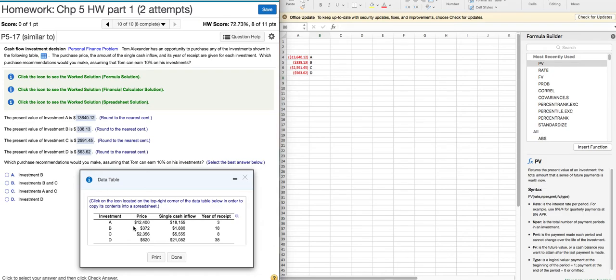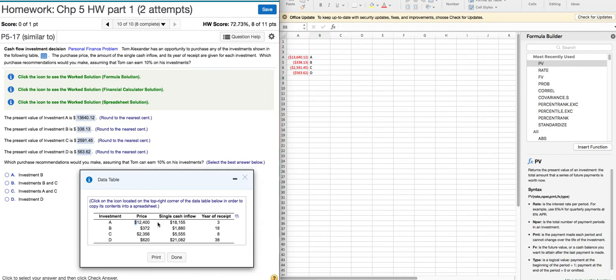If we look at investment A, the price or the cost to get into the investment is $12,400. It would return a present value of $13,640. So that's one that he could invest in and get a return on his funds, which would be the difference, calculated as a net present value.